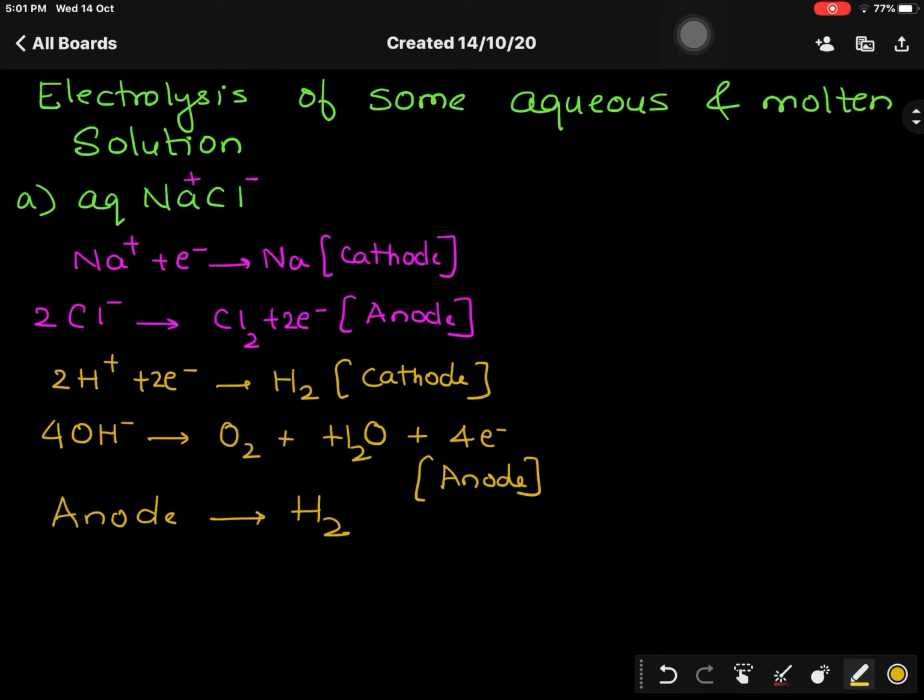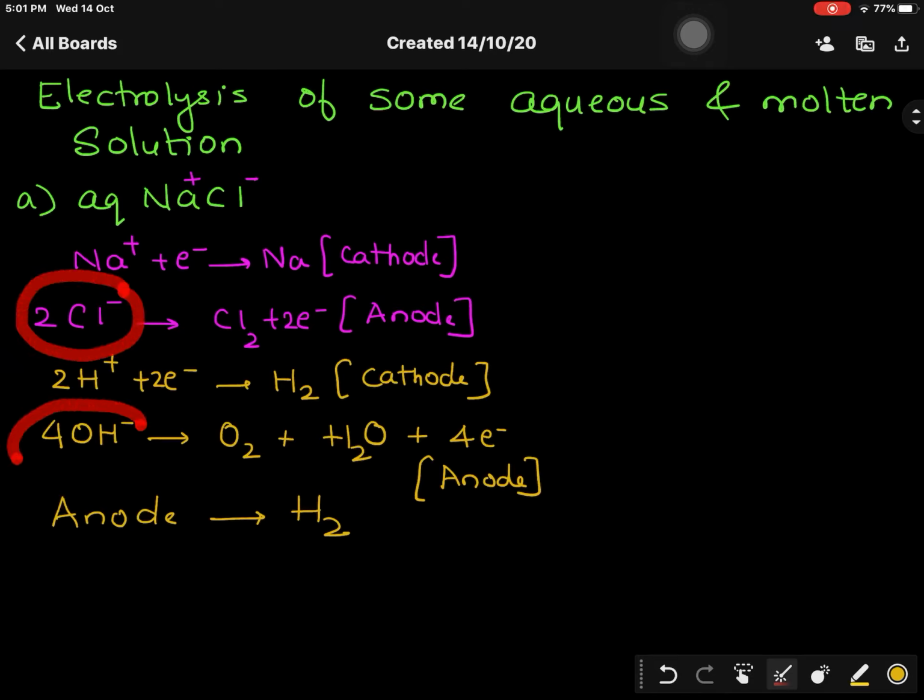So this is a trick here to understand that at anode, out of Cl minus and out of OH minus, which ion will go. See, whenever we have a single ion, like Cl minus is a single ion, but OH minus is a group of 2 atoms, right? So in group you are more stable, you become more heavy. So therefore migrating towards anode is difficult if it is a group compared to a single ion.